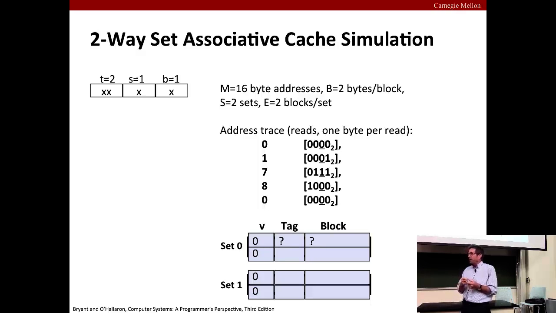You bring the block in, there's a reference, you get a miss, you bring the block in, there's another reference nearby, you get a hit because the block's in the cache. But then the next reference is in a different block because your block size is too small. So you want to make blocks as big as possible, but without slowing the system down.